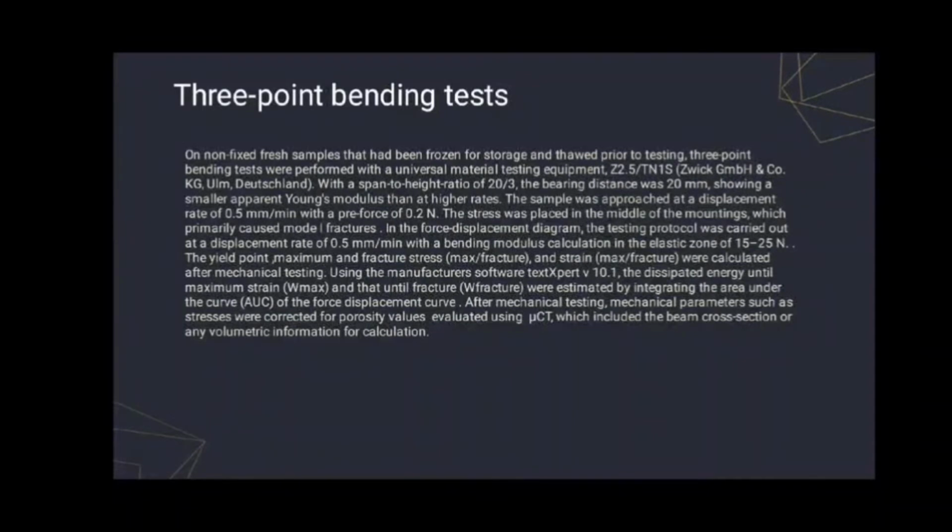Using the manufacturer's software, the dissipated energy until maximum strain and that until fracture were estimated by integrating the area under the curve of the force displacement curve. After mechanical testing, mechanical parameters such as stresses were corrected for porosity values evaluated using micro-CT, which included the beam cross-section or any volumetric information for calculation.